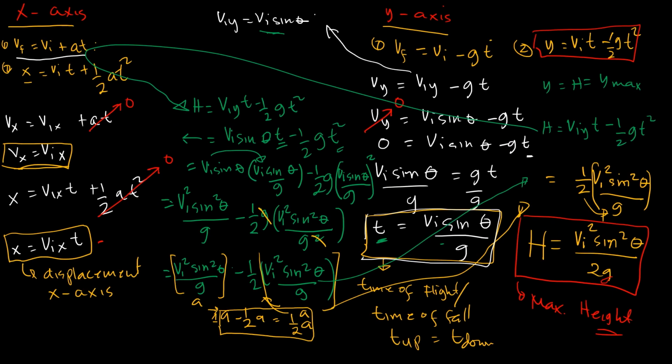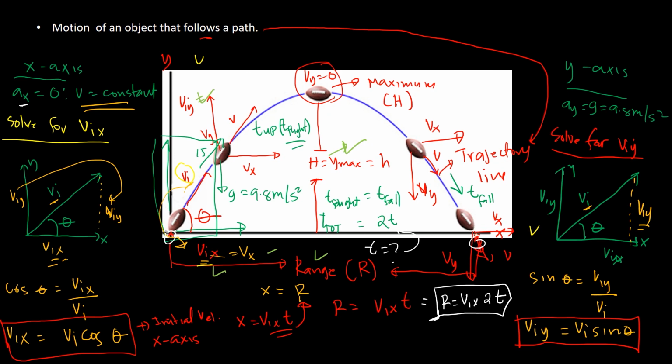Okay, so for the final velocity of the projectile motion, considering this diagram here, we have the final velocity, and we are going to find it after hitting the ground or before hitting the ground.